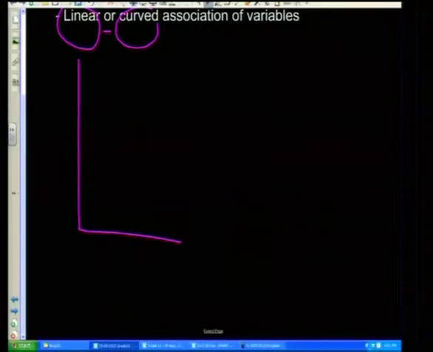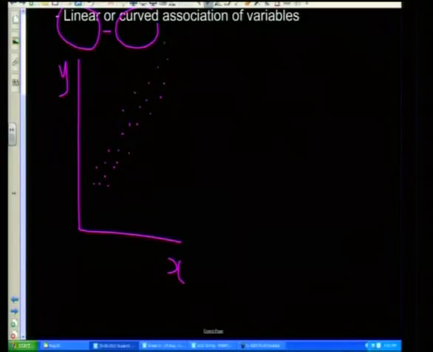you've got your Y over there and your X there. And the data, as you plot it, comes out. I hope you can see my dots here. That data clearly is inclined, and it has a tendency.